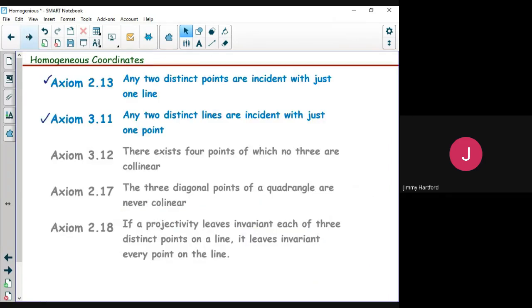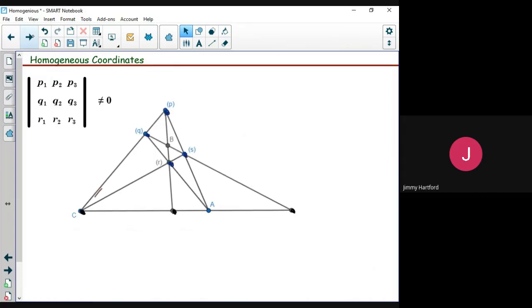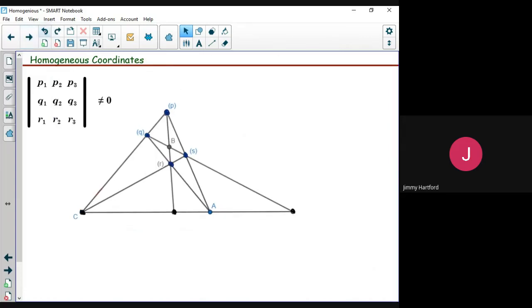And then to do the 3 diagonal points of a quadrangle are not going to be collinear. We're going to draw ourselves a quadrangle where the first 3 points, P, Q, R, are going to be non-collinear. So here's my determinant. And I've established that the determinant for these 3 points is not going to be 0. So these 3 points at least are not collinear. And so we have a quadrangle.